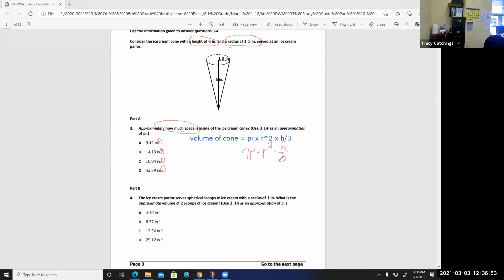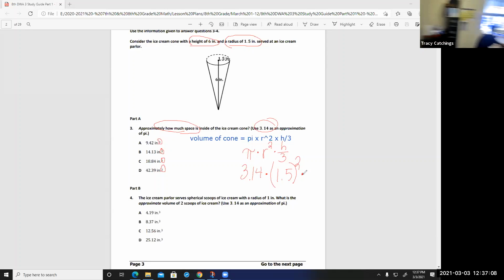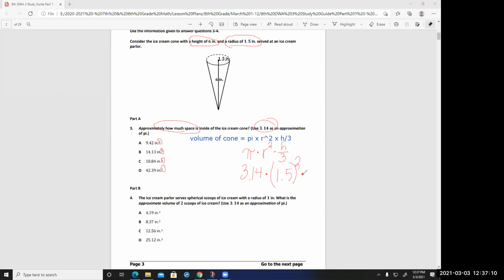All right, so pi, they told us we're going to use 3.14. Did they give us the radius? Yes. 1.5. Did they give us the height? Yes. 6.